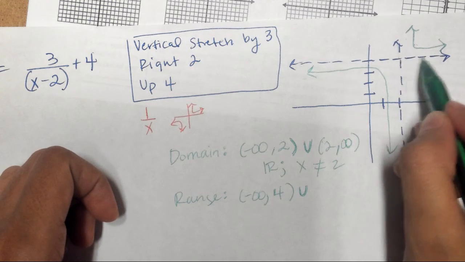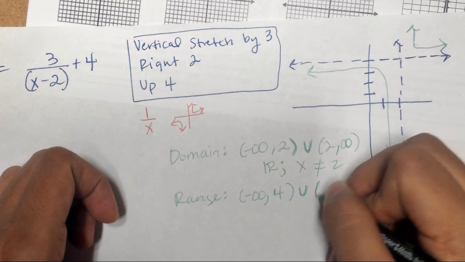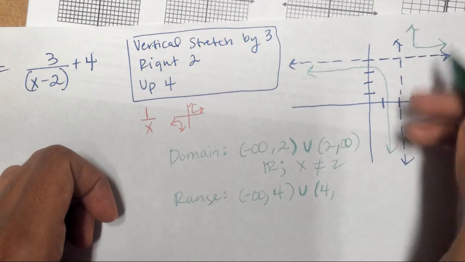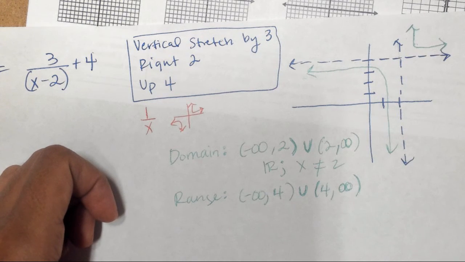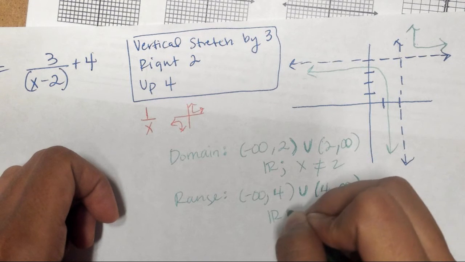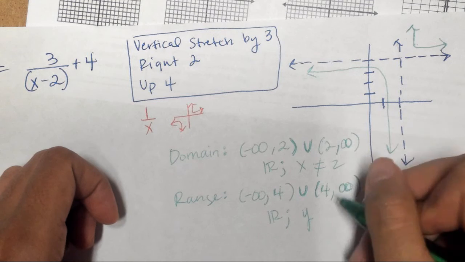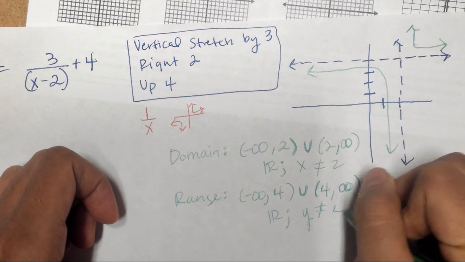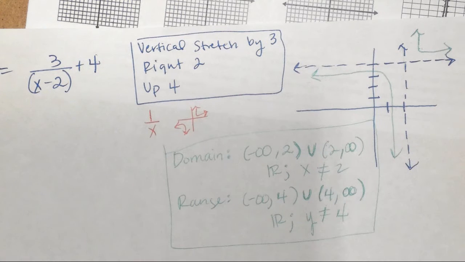And then there's this break, so that's your union. And then you start again at this asymptote, so it's going to be 4 all the way up to positive infinity. If I want this in set builder notation, it's the same thing, all real numbers, except now it's y's range, so your y cannot be 4. So there is your domain and range.